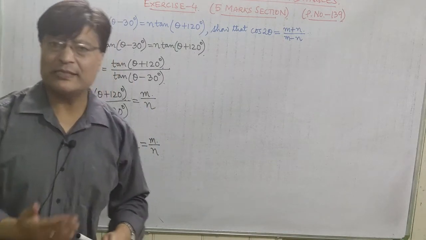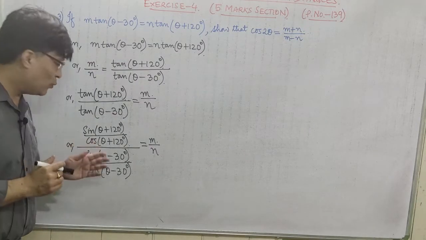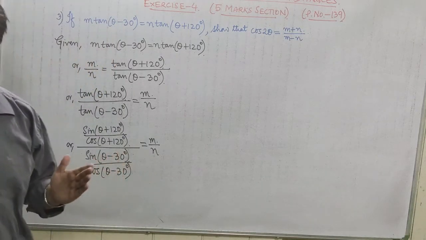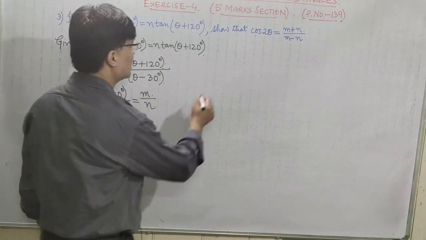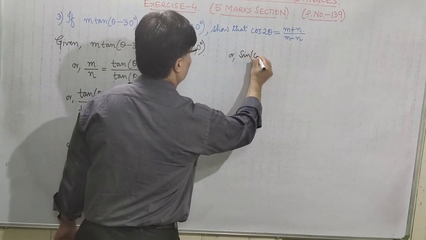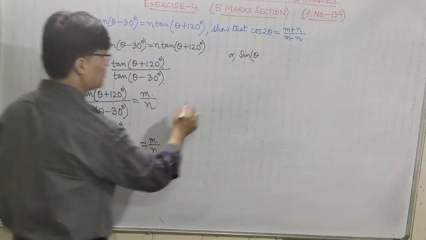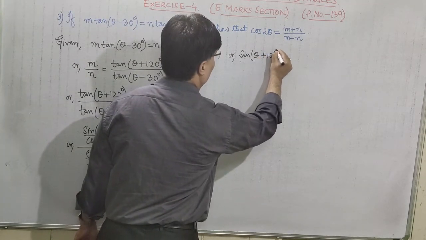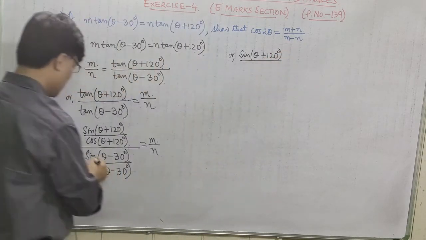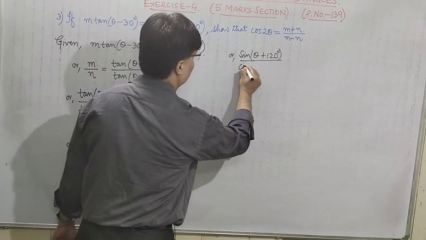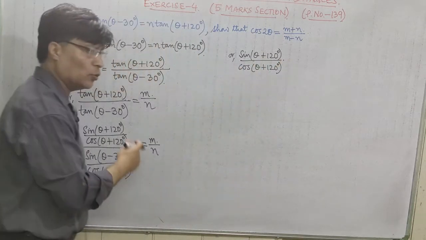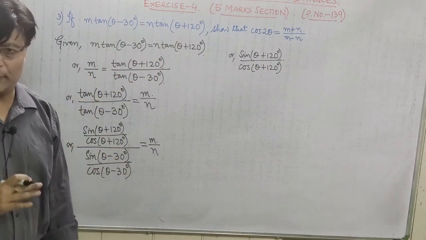So now let us simplify this left hand side. So now when this denominator goes up in the numerator, it becomes upside down. Okay, so what do we get now? This is sine of theta plus 120 degree divided by that is cos of theta plus 120 degree into, when this denominator goes up in the numerator, it becomes upside down.